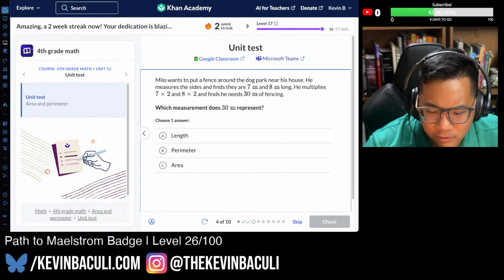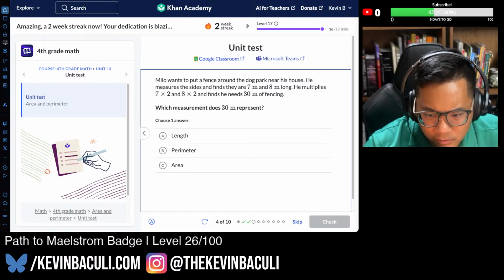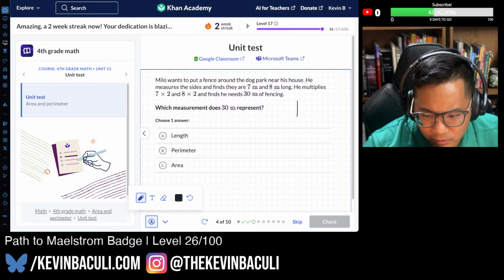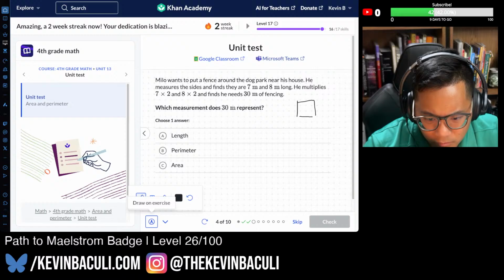Milo wants to put a fence around the dog park in his house. He measures the size of the fence. Multiplies. Wait, what? Puts a fence around the dog park. He measures the sides and finds they're 7 and 8. Perimeter.